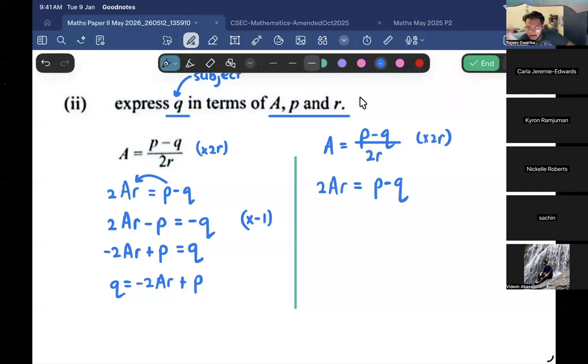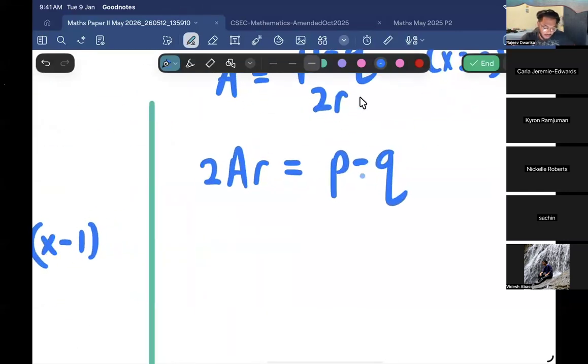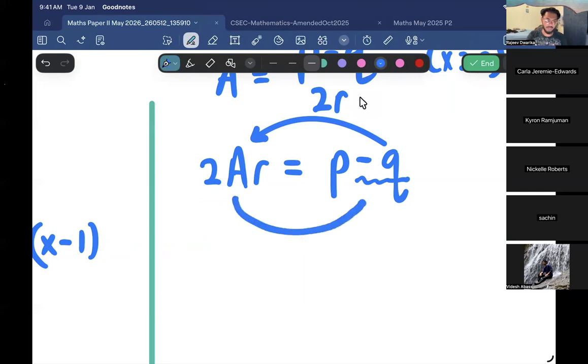Here's the other thing you could do, right, Vinesh? You see this minus p? What I'm saying, you see this minus q? You could take that and you could move it across. Right? And you see this 2ar, you can move that across. Let me explain. So we're doing two things in one step. It's kind of advanced. If you move across a minus q, what will it become?